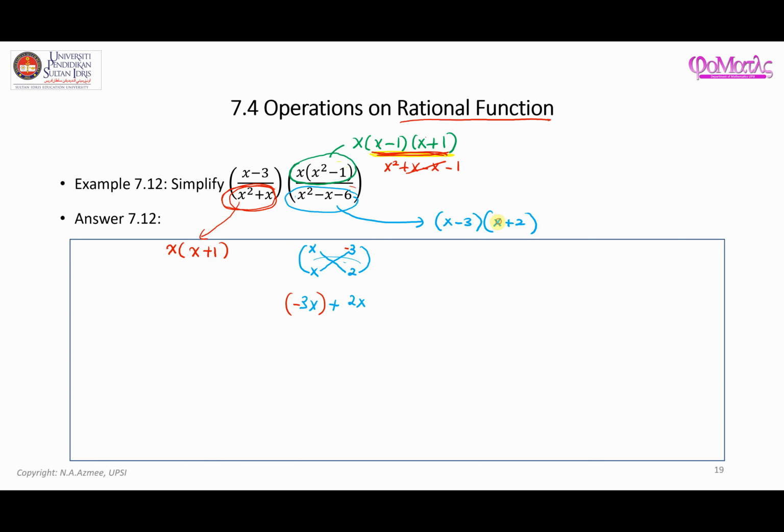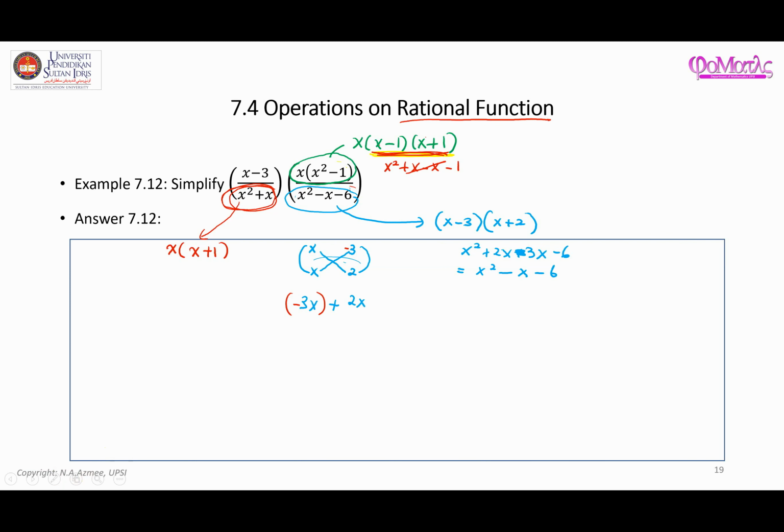So x times x, you will get x squared, x times 2, you will get 2x, negative 3 times x is negative 3x, negative 3 times 2 is negative 6, so this can be simplified to x squared minus x minus 6, which is what is given in this original expression here.